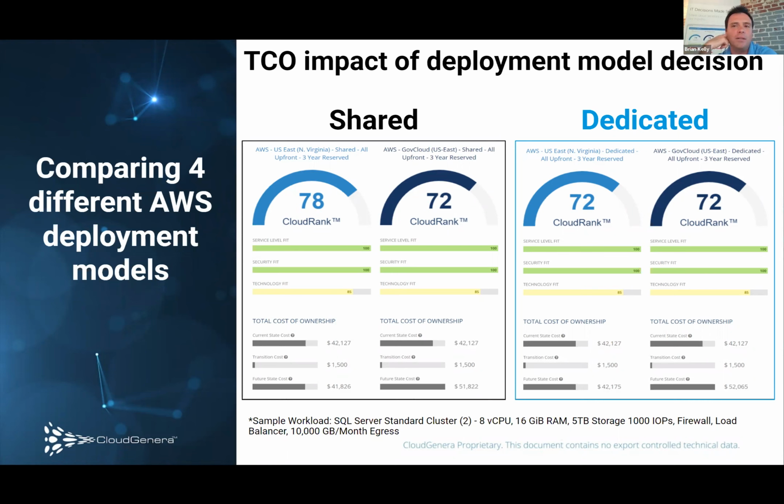Last thing to call out in this deployment model decision is the delta between shared and dedicated itself. It's actually not that great of a jump, right? 41,826 total cost of ownership for shared, 42,175 total cost of ownership for 3-year reserved, dedicated.